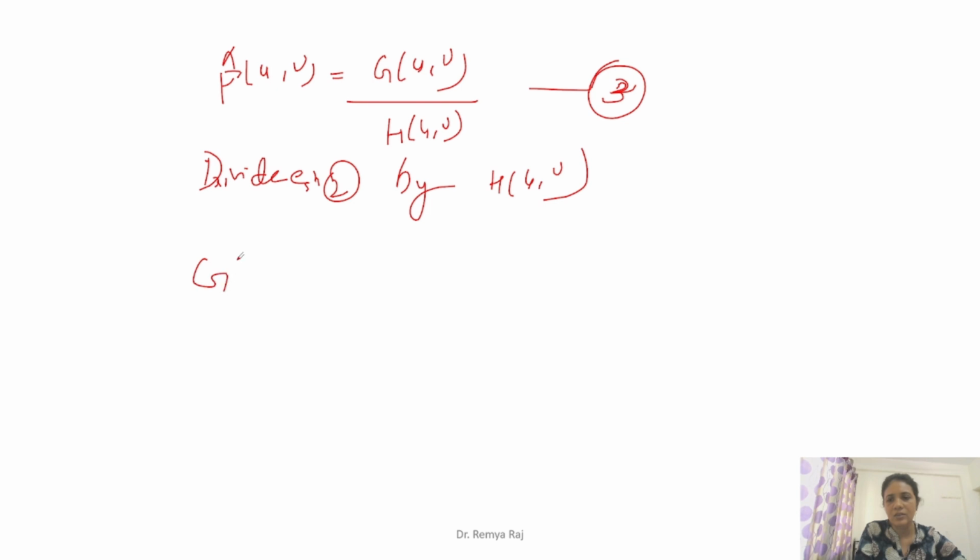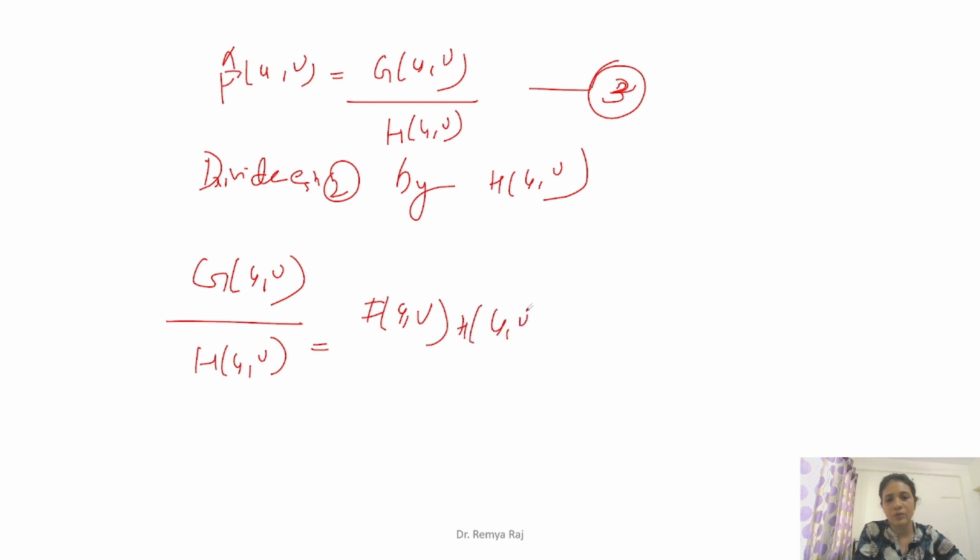So I can write g of u comma v divided by h of u comma v equal to f of u comma v into h of u comma v, plus n of u comma v, so we are adding noise. Now we divide this equation by h of u comma v.